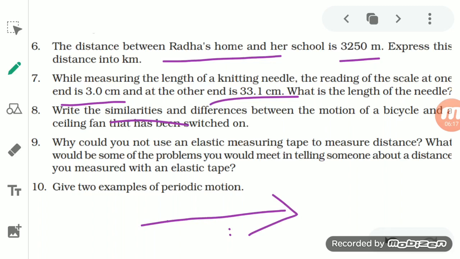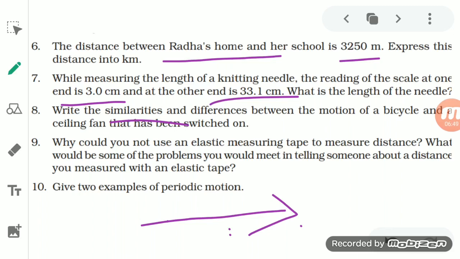But the wheel of the bicycle has circular motion. So the similarity is that the wheels are in circular motion and the fan is also in circular motion. The difference is that the bicycle is moving on the straight road, so it also shows rectilinear or linear motion. But the ceiling fan will not move forward, it shows only rotational motion.